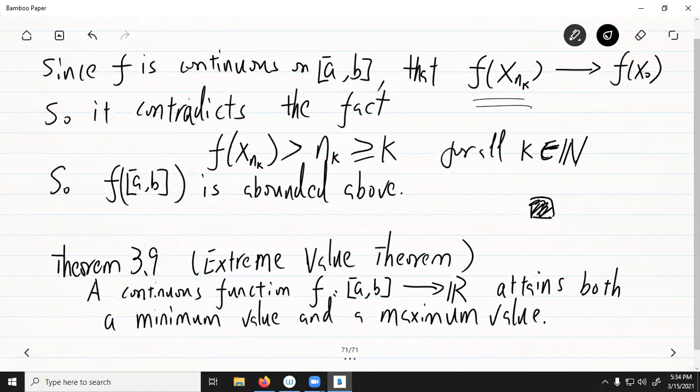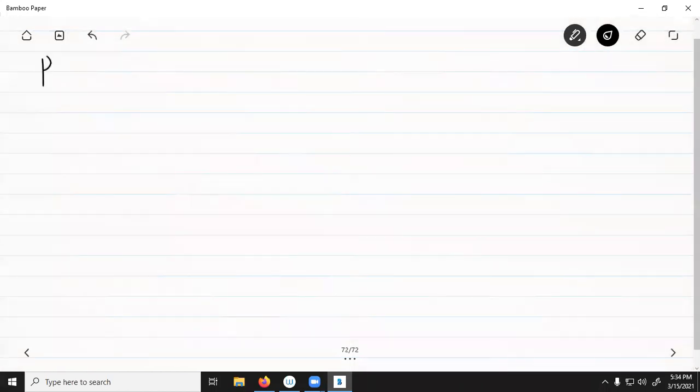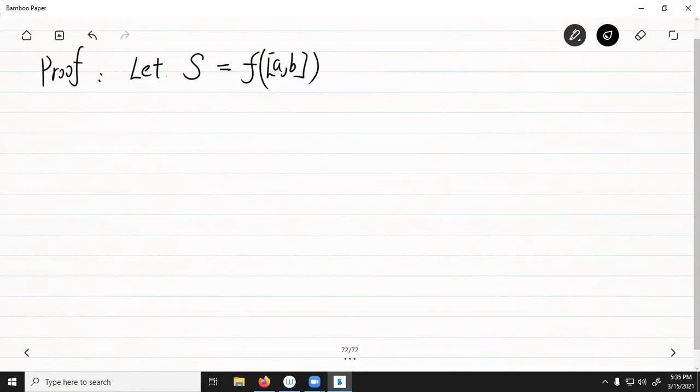So the first thing we need to do is denote some symbols. Let S be the image of this function f. Keep in mind this S is the range.